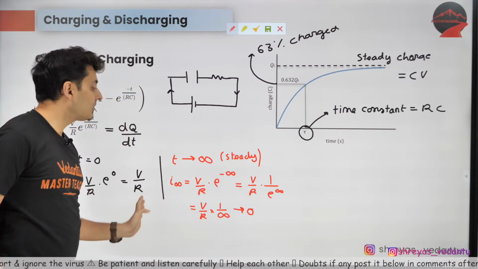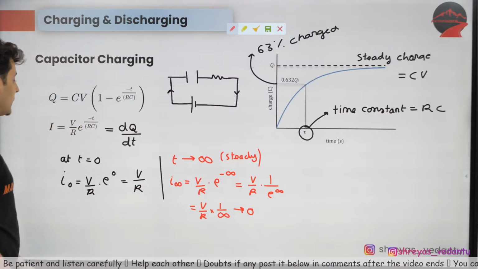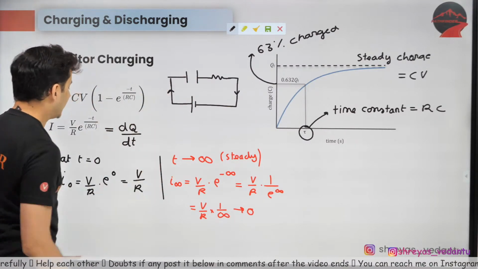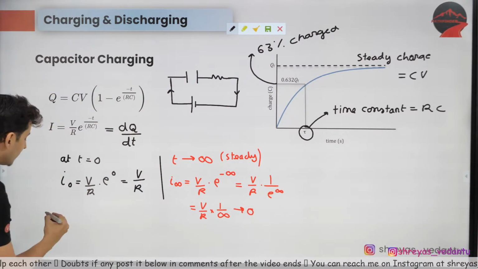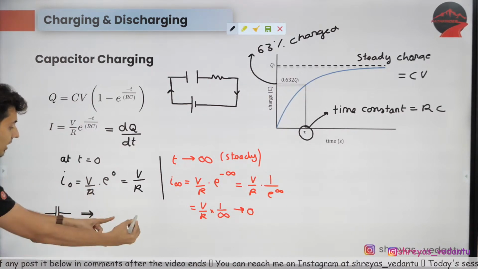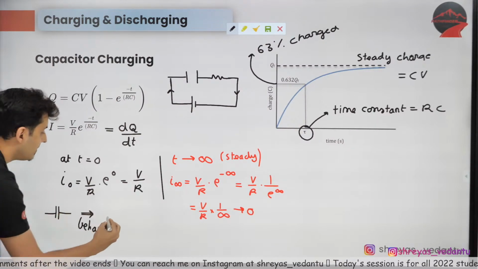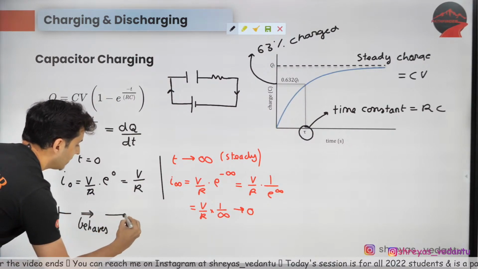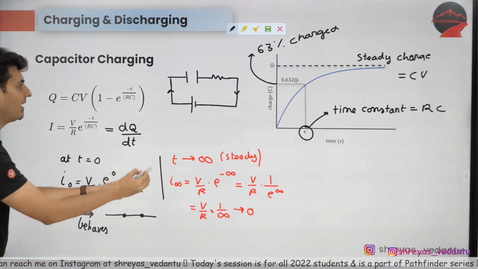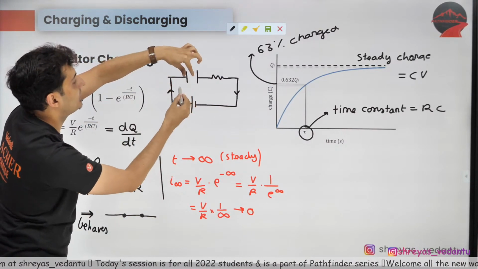So what do these two situations tell you? Initially, when you just connect the capacitor, how does it behave? It behaves like a closed switch, because look at the current, it is V by R. It's as if the capacitor is not there at all.